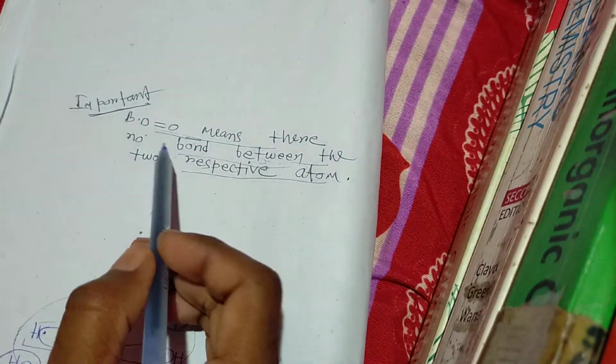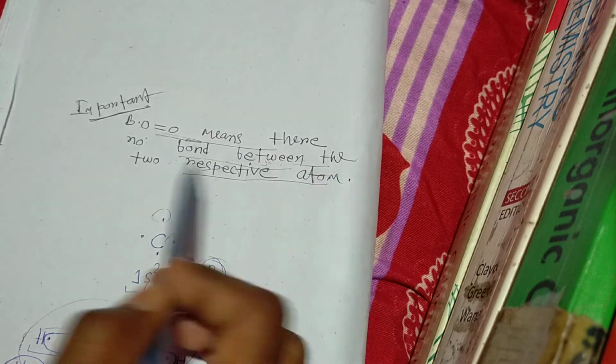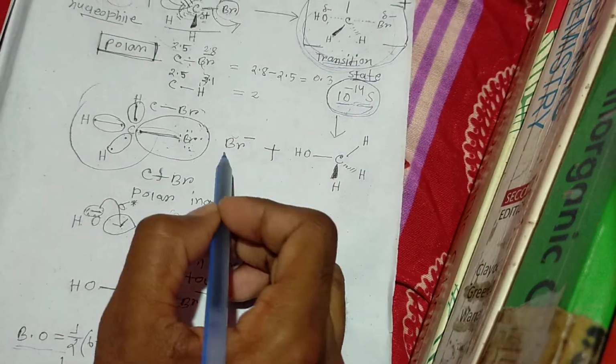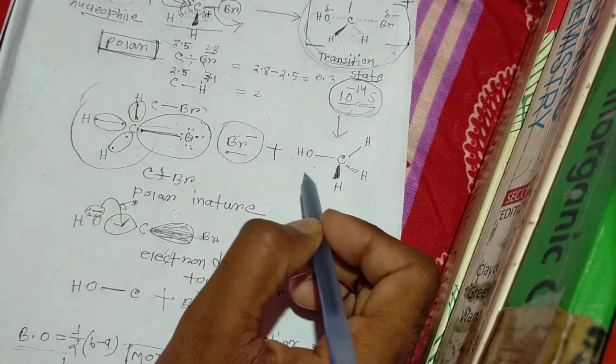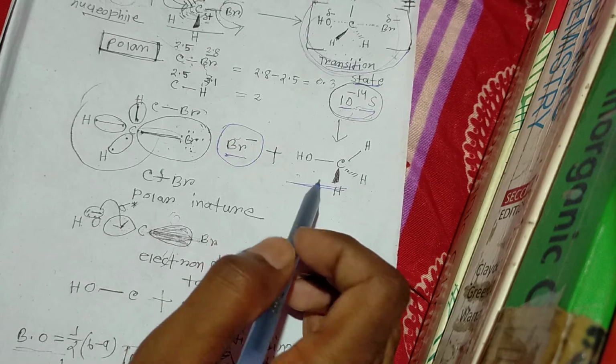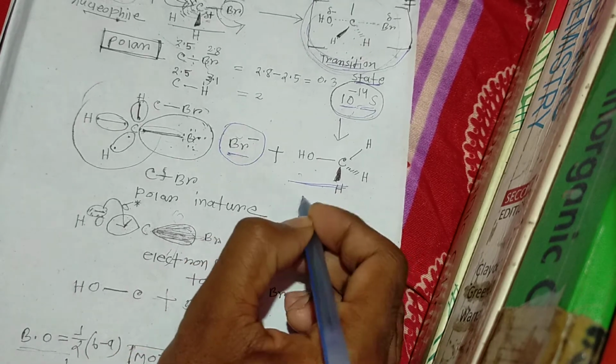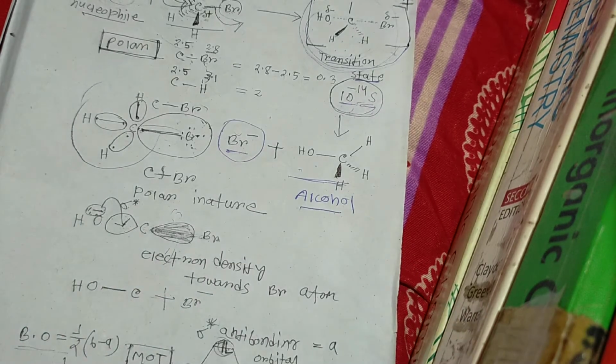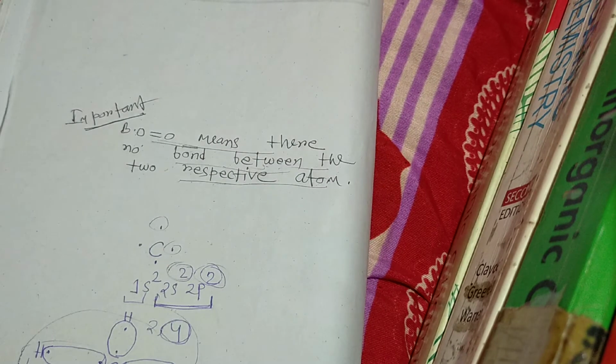So bond order 0 means there is no bond between the two respective atoms. That is, this bond breaks and Br minus leaves, so the product is alcohol. Okay, alcohol is the product.